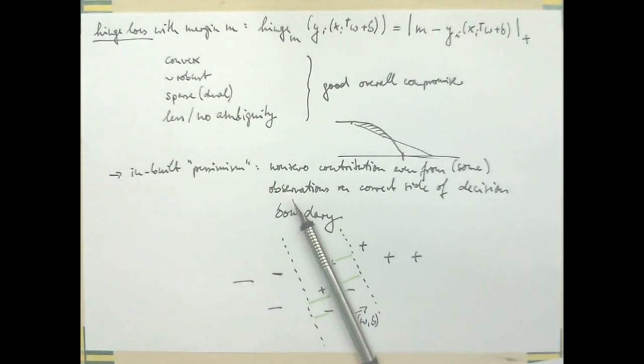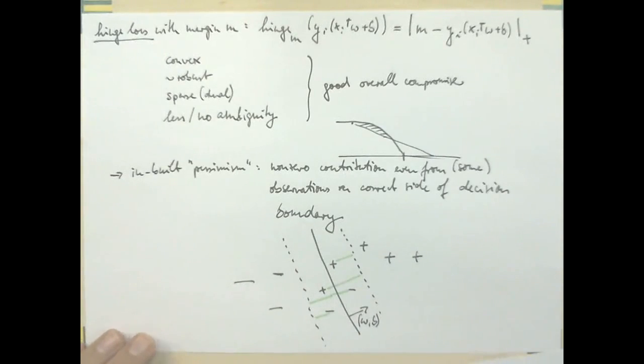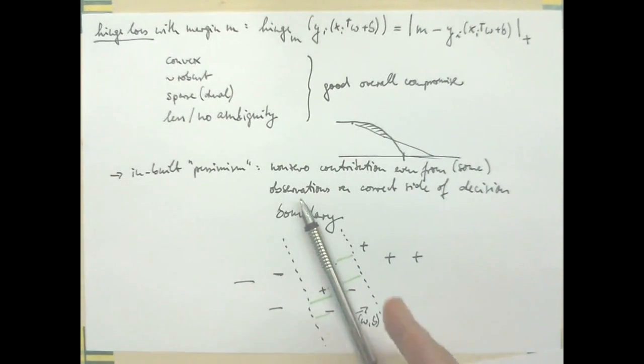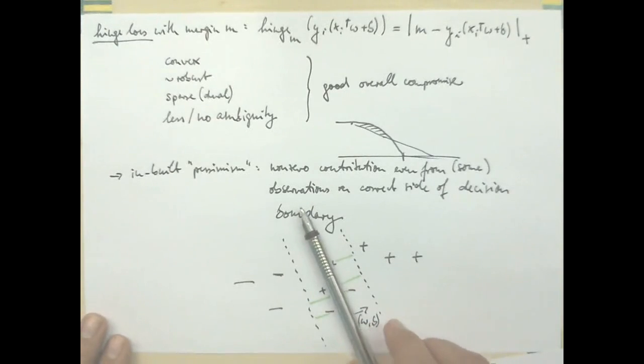Okay, so overall what we have is the following problem. We have a training set, and we have a linear classifier, either pre-specified, or we want to find out. Let's say we have pre-specified a certain margin, which I have indicated here.